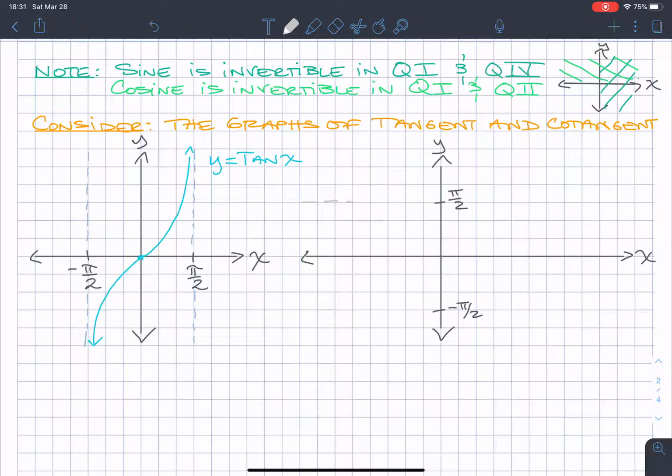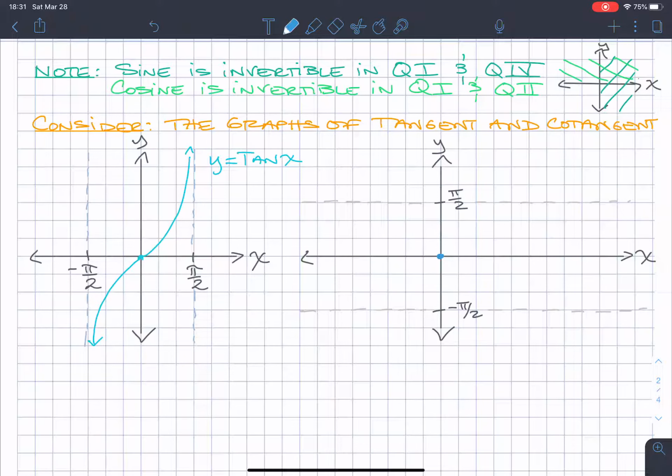And these vertical asymptotes now become horizontal asymptotes. Okay, so they share the point 0, 0. That point doesn't change.